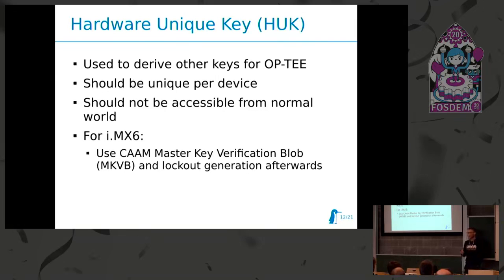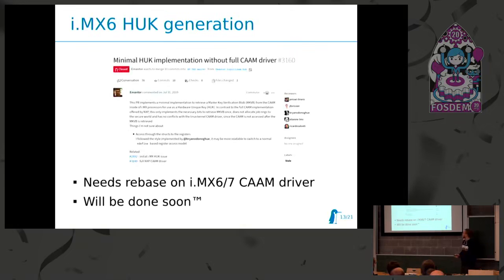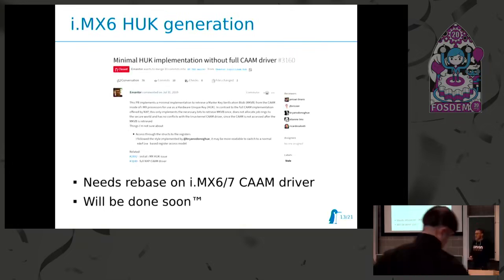And additionally, in the CAAM, there's a bit where you can lock out this generation, or where you can increment a counter. And the next one who does this master key verification blob is going to get a different hash. And you will never get the same hash again unless you reboot the platform and then the bit is unset again. And this is still not in upstream Opti.